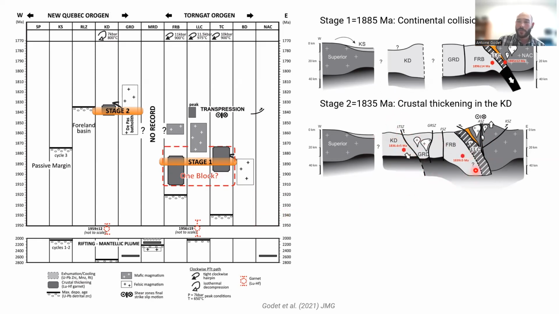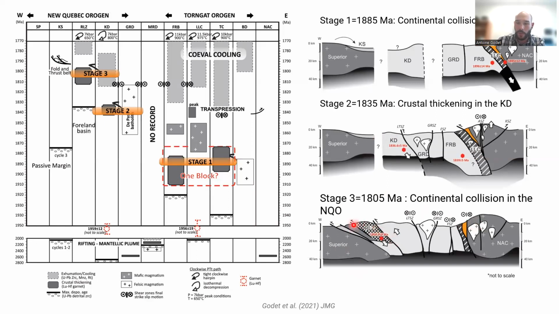We can start to see the diachronicity of the evolution toward the west, with the metamorphic record that started on the east and moved to the west, building the Churchill upper plate. And the final metamorphic record we have is estimated at 1805.